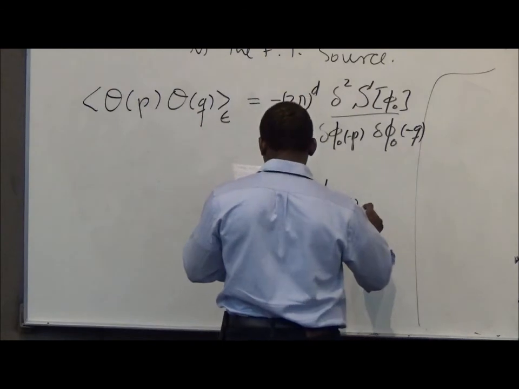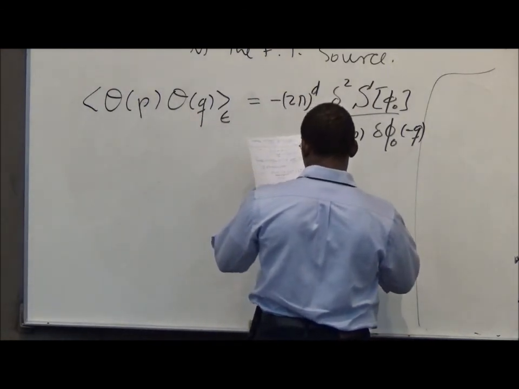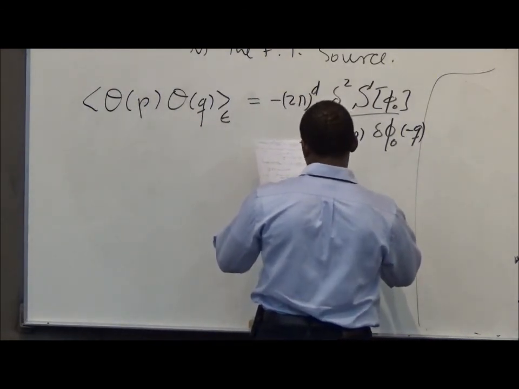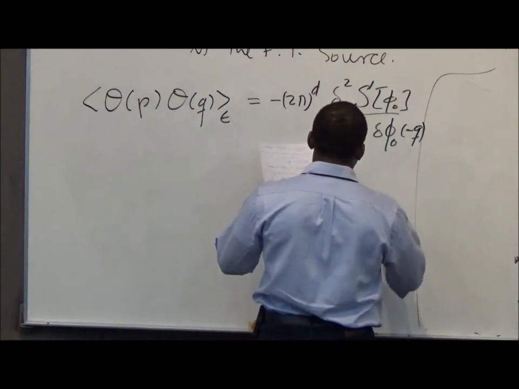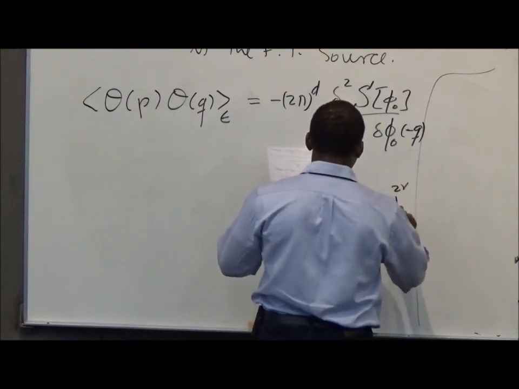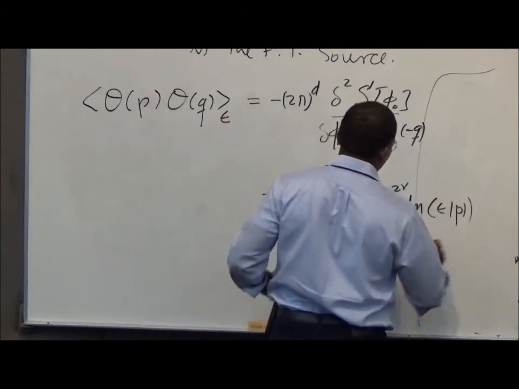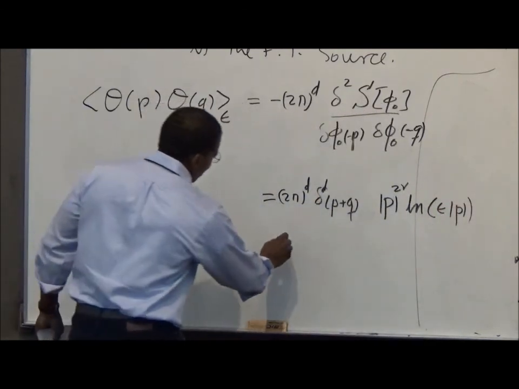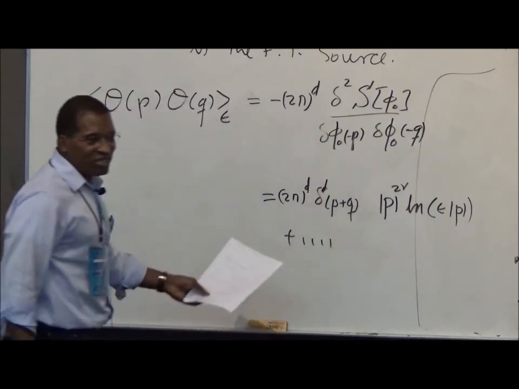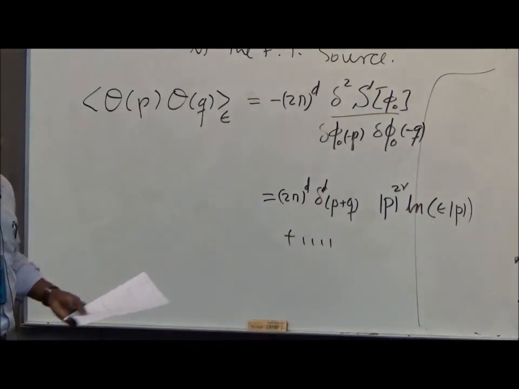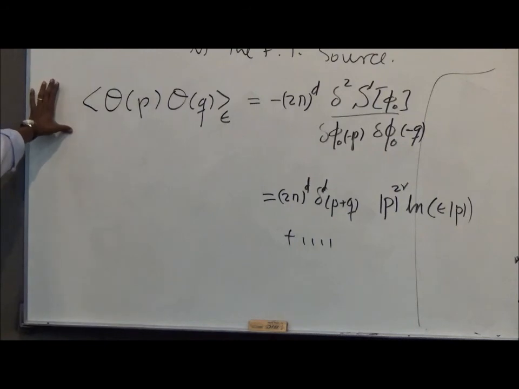So I can talk about this in a minute. There are some constants. I'll have T to the T mu, and then I still have some log of X. There are other things that don't matter, but this is the answer. Okay? This is the answer for the correlator in momentum space.